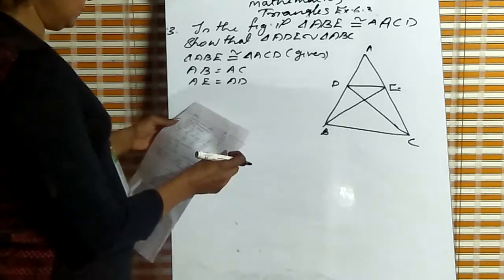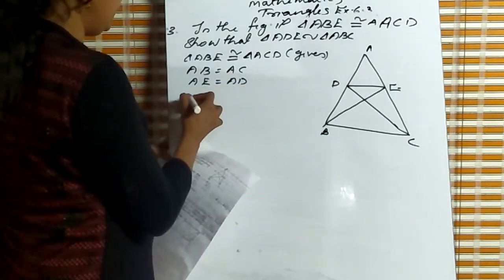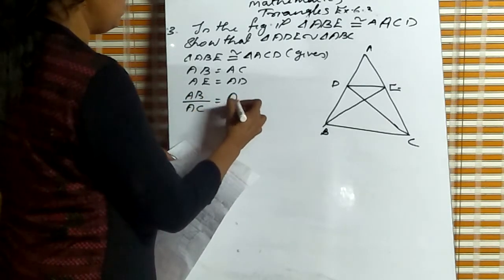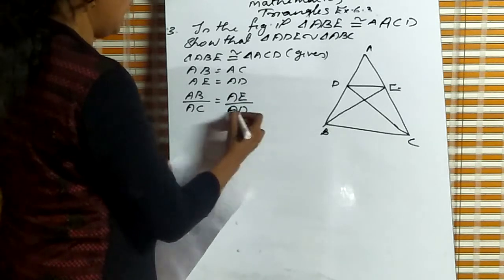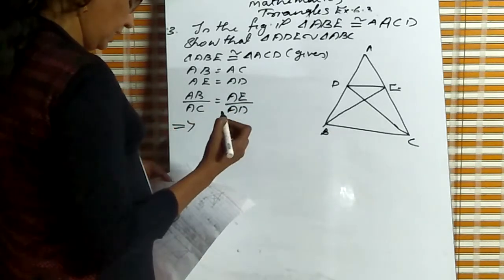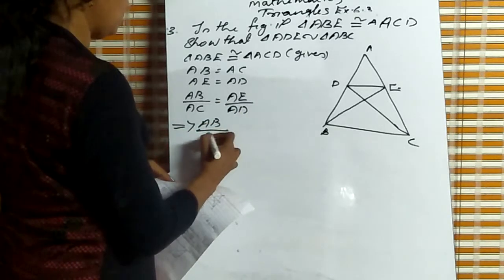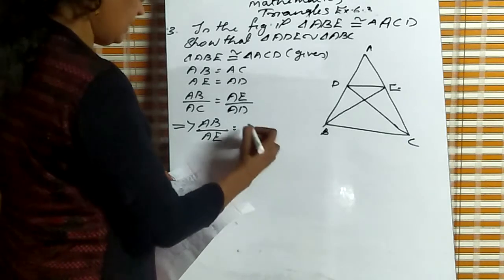Then dividing, AB by AC is equal to AE by AD, which implies AB by AE is equal to AC by AD.